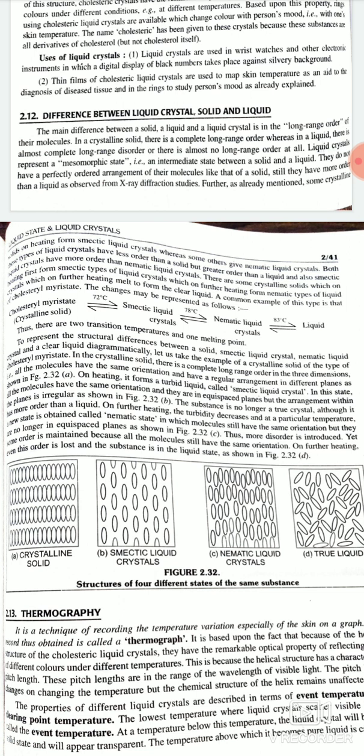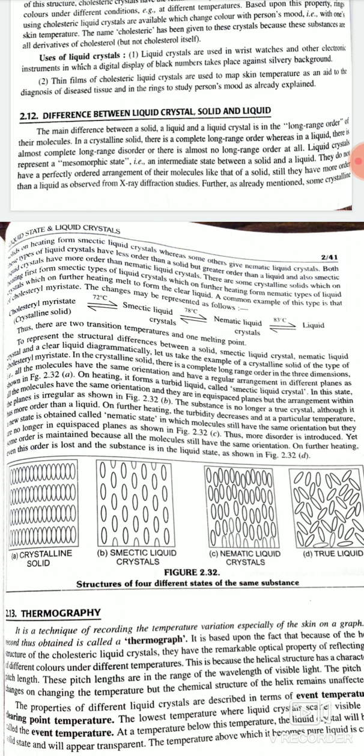To represent the structural difference between a solid, smectic liquid crystal, nematic liquid crystal, and a clear liquid diagrammatically, let us take the example of a crystalline solid of the type of cholesterol myristate. In the crystalline solid, there is a complete long range order in three dimensions, that is, all the molecules have the same orientation and have a regular arrangement in different planes as shown in the figure.